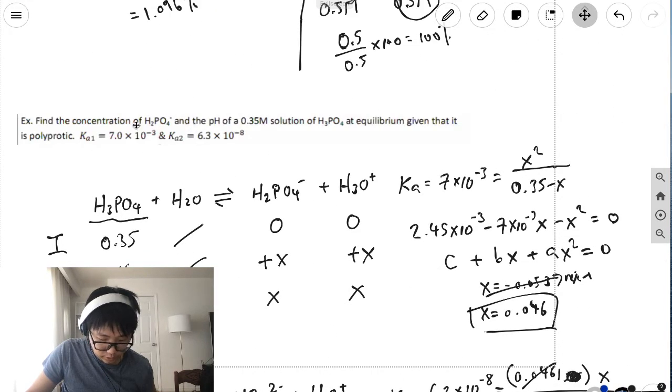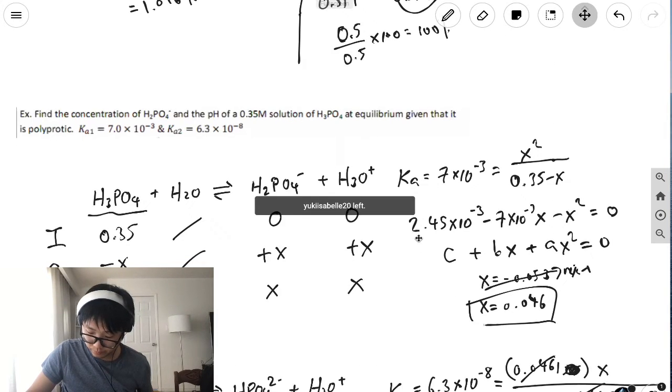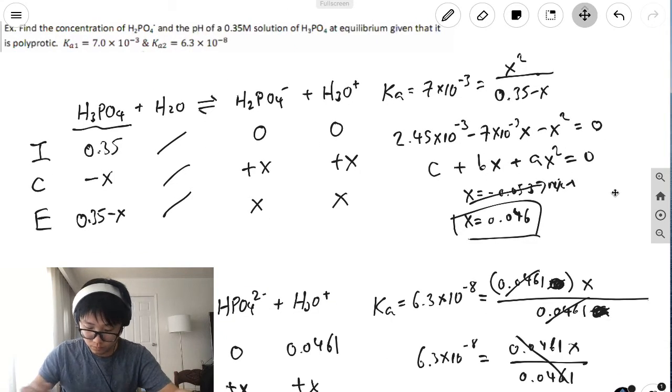Yeah, see, the question says find the concentration of H2PO4 and the pH of a 0.35 molar solution of H3PO4. It says that. What does it say?